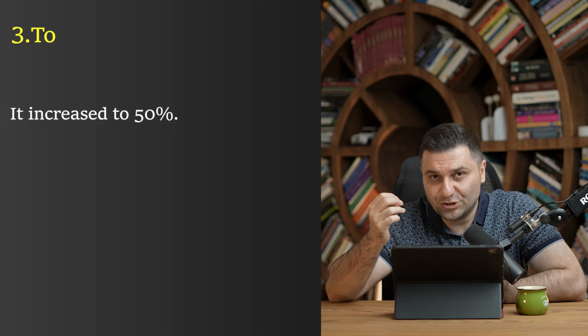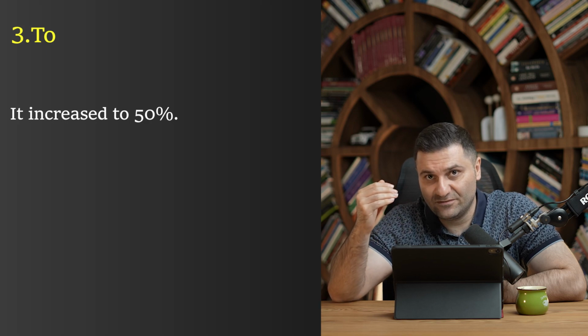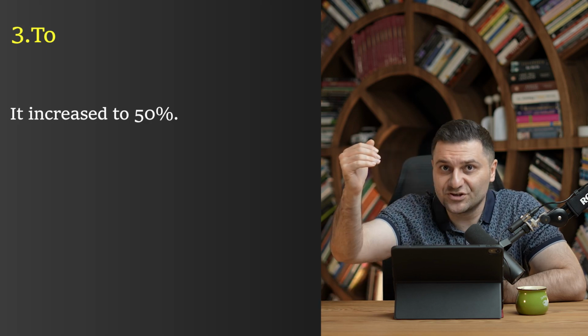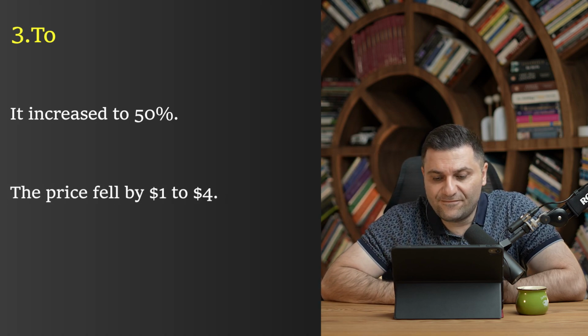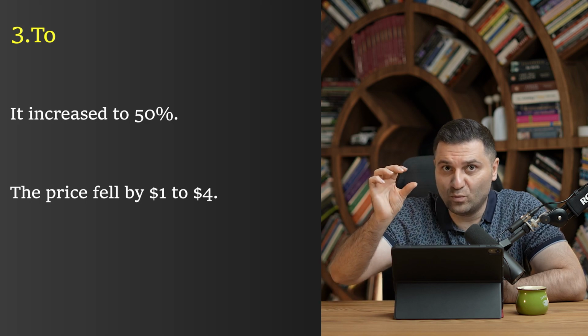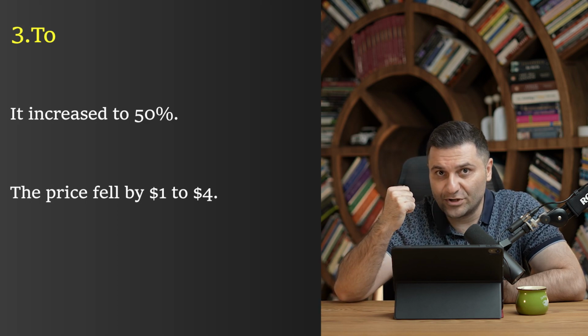And our last preposition is to. When we want to talk about reaching a number, for example, it increased to $50. Increased to $50 means it reached $50. Or the price fell by $1 to $4.